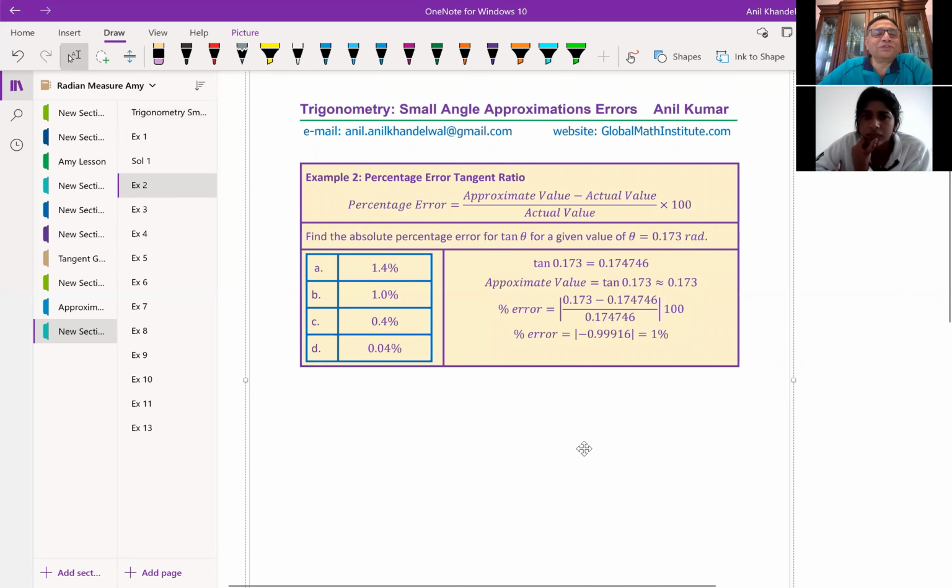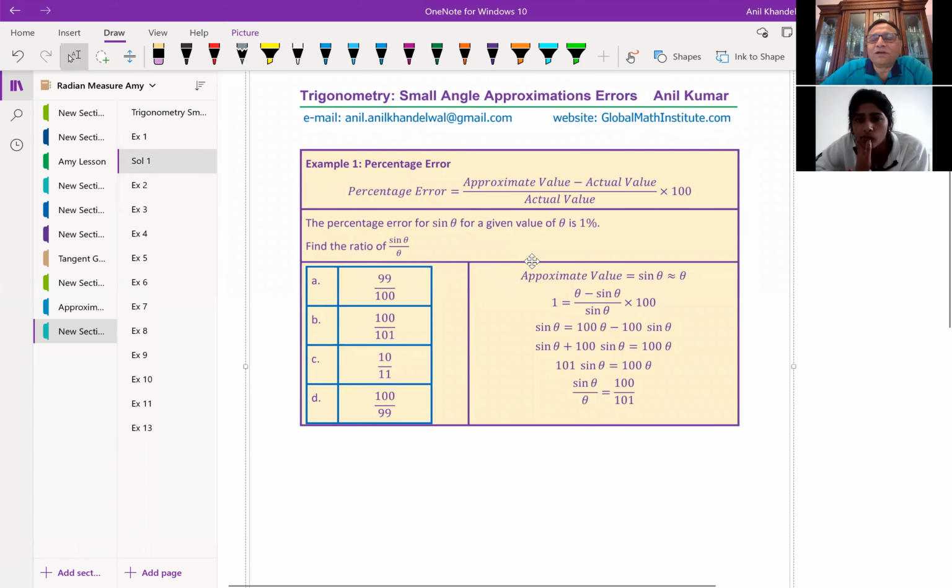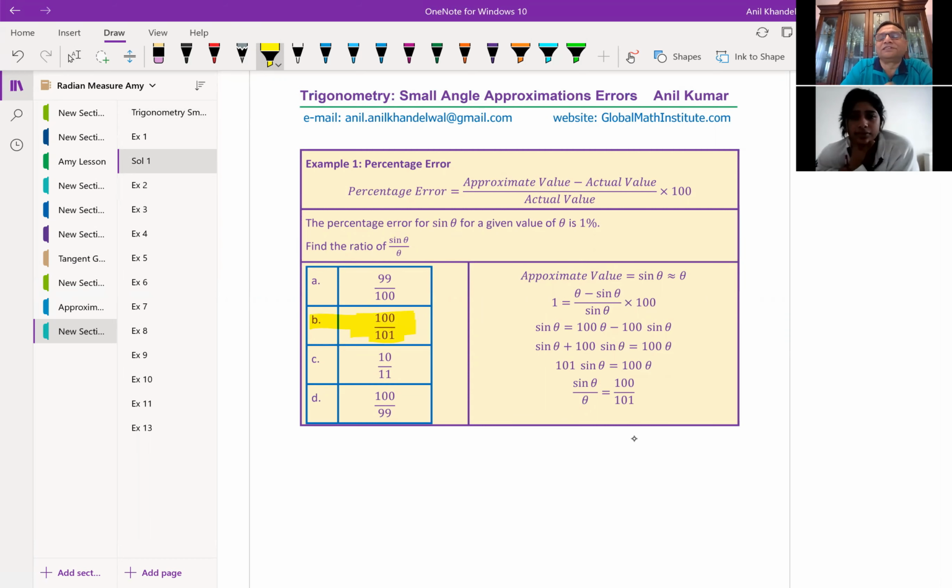Now let's take up a question where the calculation is required. I would like to show you the solution for our previous question also. Let us see if you have to really calculate and figure it out or prove.